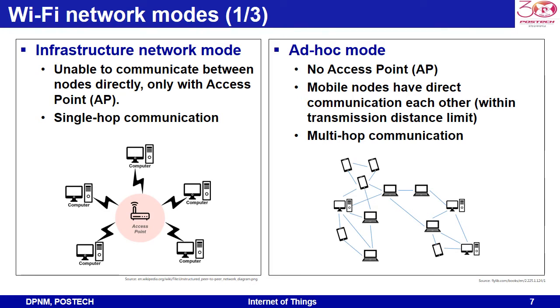After buying a Wi-Fi wireless LAN hub or base station, you can connect the base station to the internet by connecting it to a communication port in your home router provided by an internet service provider such as KT, LG Plus, or SK Broadband in Korea. In other words, you can think of the infrastructure mode as the base station.